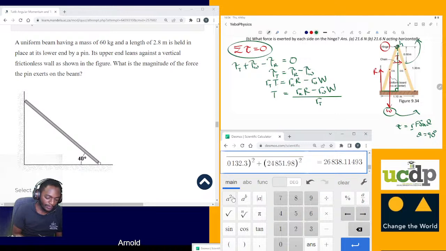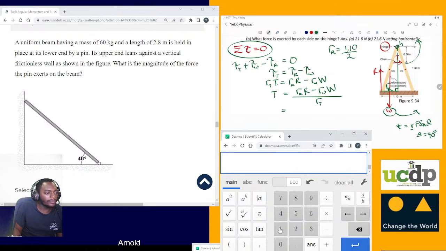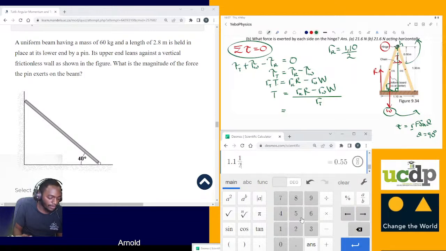So this distance, which is our R, is equal to 1.10 over 2. Let me just calculate that: 1.1 divided by 2 is 0.55.